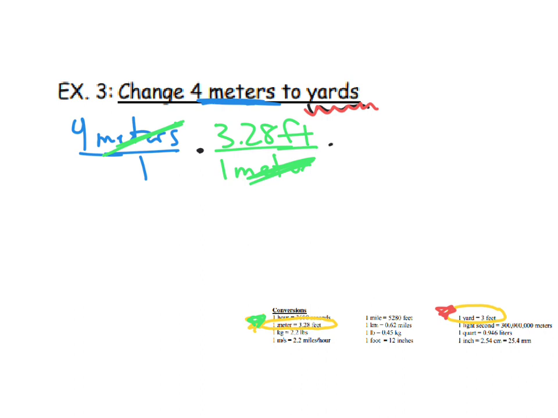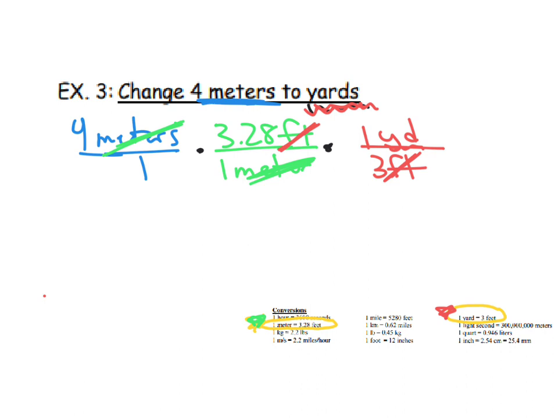So we're going to multiply again, but this time we want feet to cancel. So we're going to put 3 feet on the bottom and 1 yard on the top. That way this feet cancels with that one, and the only unit we have left is yards, which is what we want. So now we'll multiply straight across.